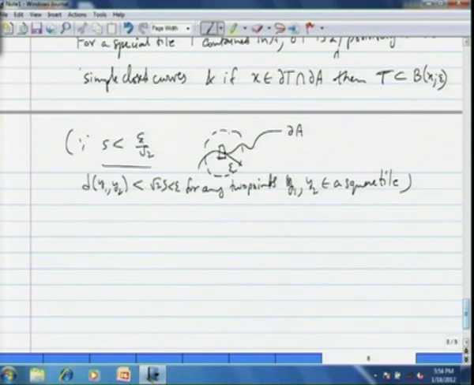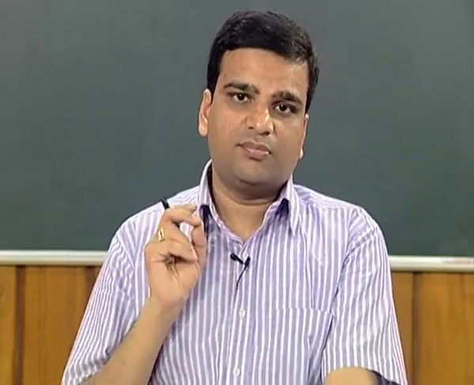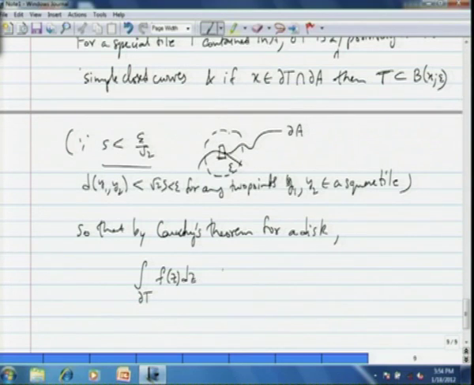As a consequence, by Cauchy's theorem for a disk, that was version 2 we saw last time, the integration on the boundary of T oriented in the positive sense, of f(z) dz, is equal to 0.